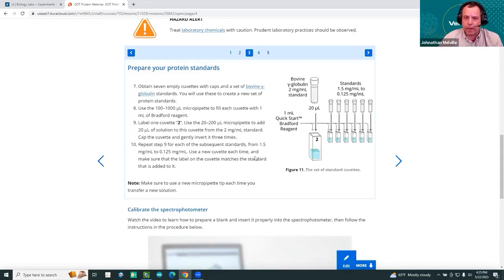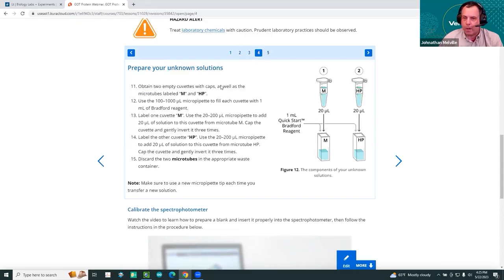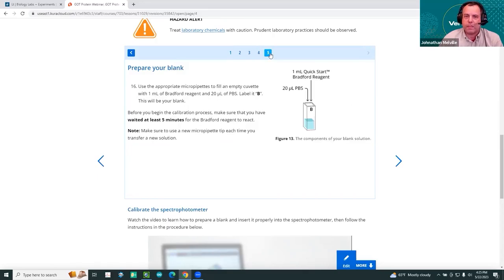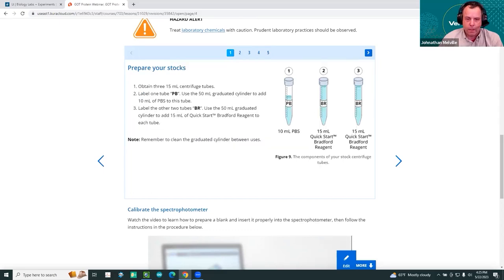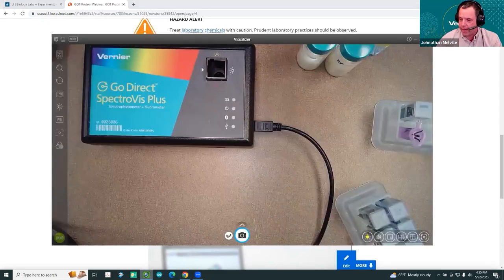It also tells you how to actually prepare your protein standards and how to prepare your unknown solutions. So all of the things that the students need or that you would need to prep this lab are all right here in LT. And I just want to show you that I already have all of that.